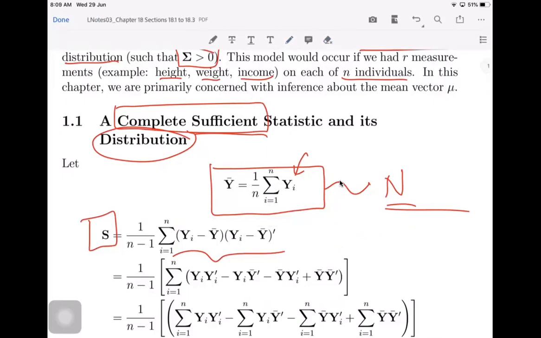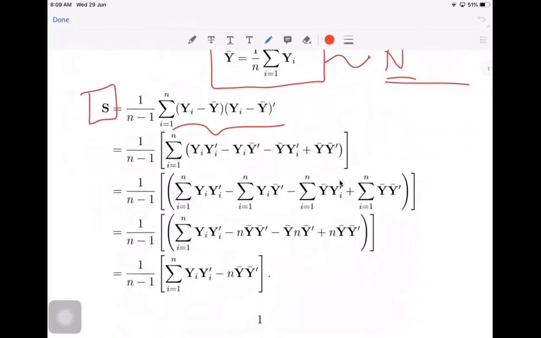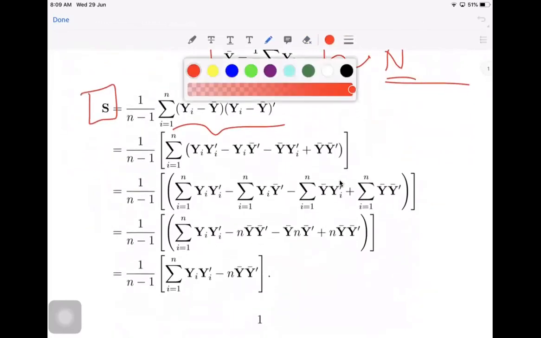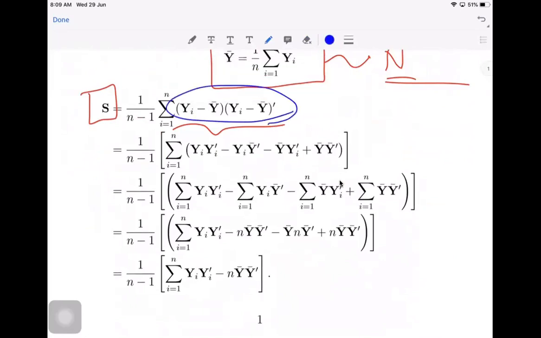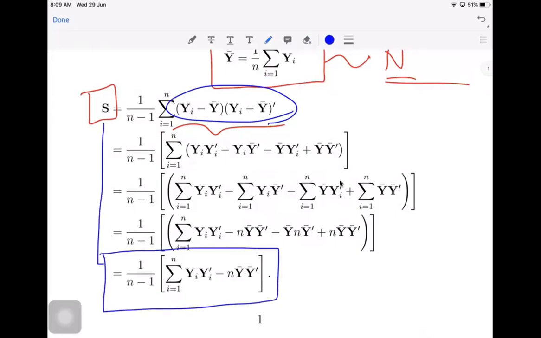So it can be shown, expanding this and doing some manipulation of your matrix, that S can be written in this manner: 1 over n minus 1 times the summation of yi yi prime minus n y bar y bar prime.